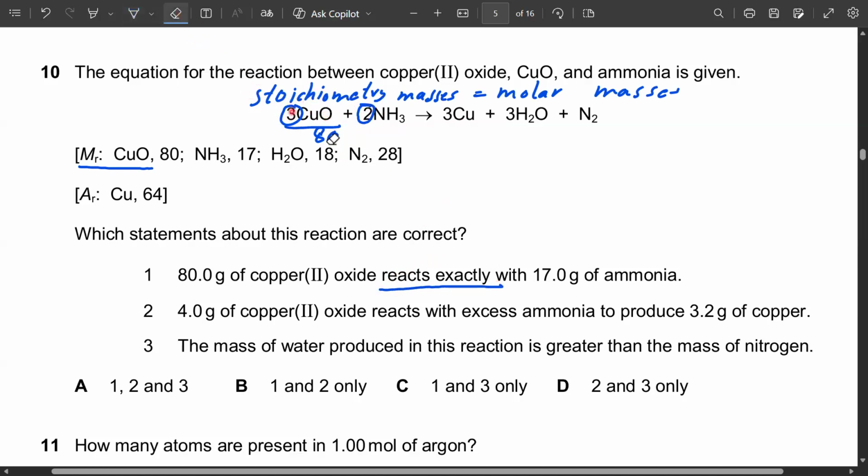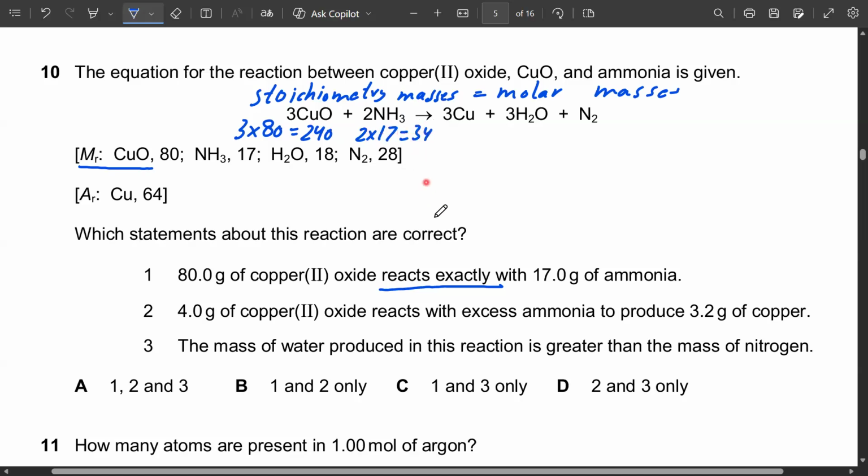So in this way, we need to calculate their molar masses. According to the molar masses, for copper oxide, we will have 3 times its MR, which is 80, that gives you 240. So 240 gram of the copper oxide reacts with 2 times the MR of ammonia, that is 2 times 17, which is equal to 34.